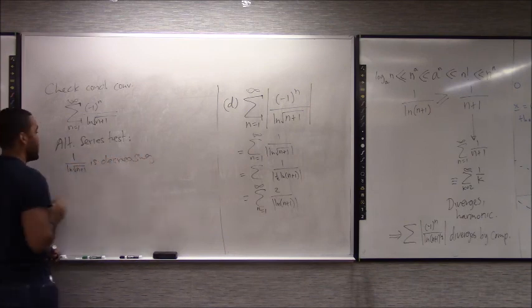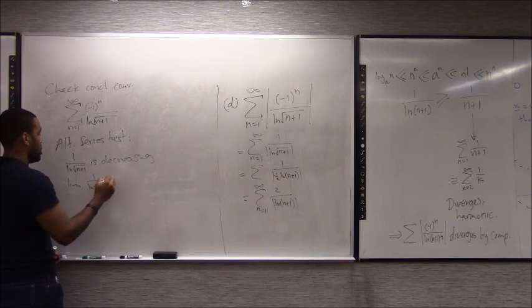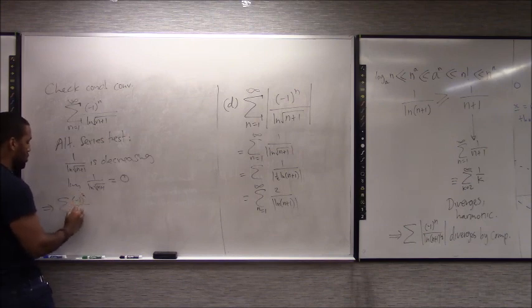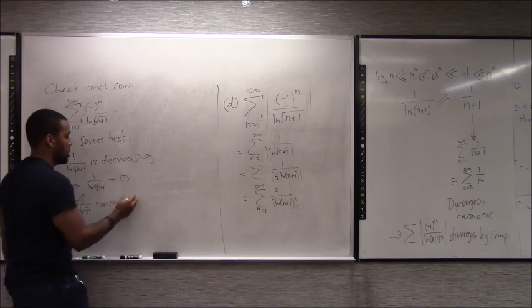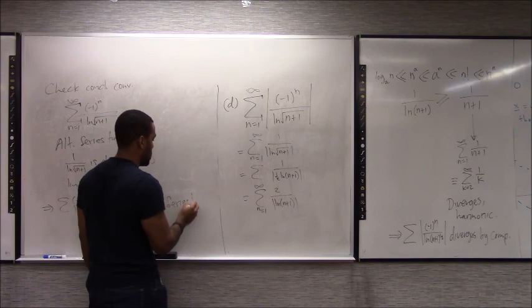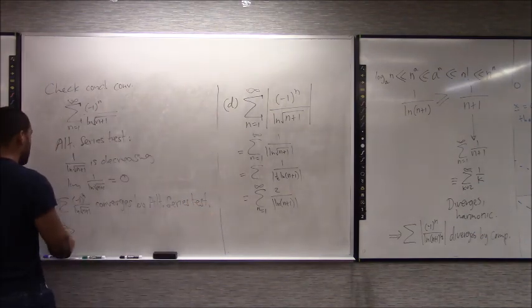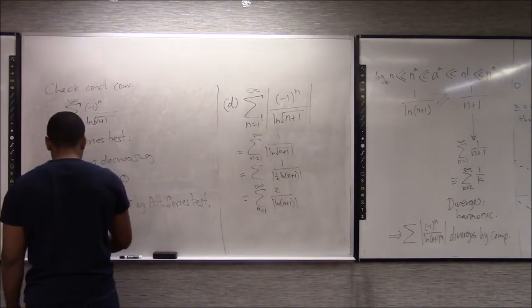Also notice that the limit of 1 over ln of n plus 1 is 0, which means it converges by alternating series test. Which means, what is the final conclusion here? Converges conditionally. The series converges conditionally.